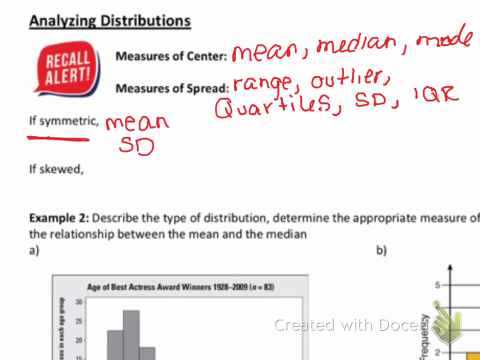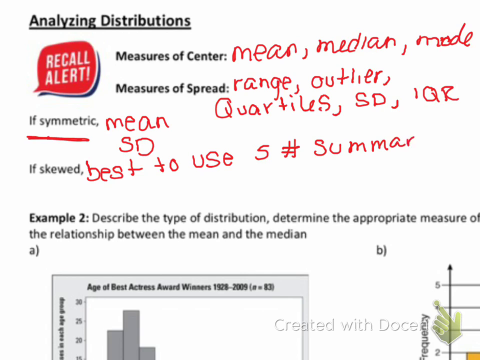Now, if it is skewed, the best way to represent our data would be to use your 5-number summary, that measure of spread, and the median. Because remember, if it's being skewed, the mean is no longer very accurate. It's being pulled down or up by negative or positive numbers.